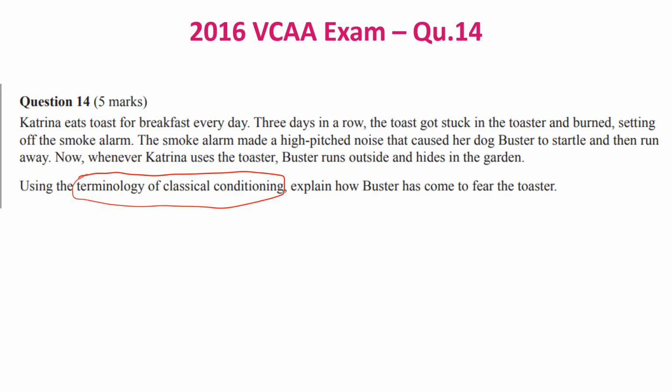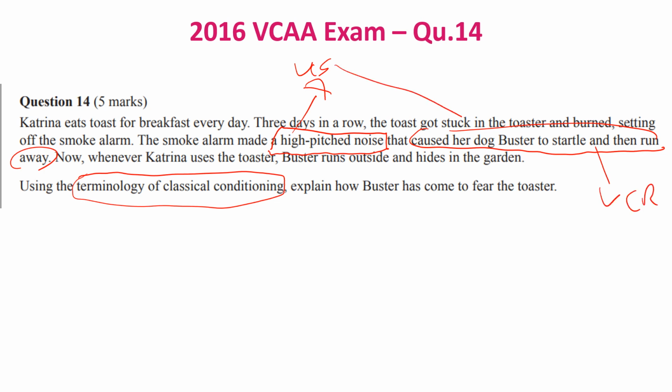So first of all, if we look in the middle of the question, we've got a high-pitched noise. So that's our UCS, because it later says in the same sentence that it causes the dog to be startled and then run away. So that is our UCR. All right, that UCS has reflexively triggered that UCR. That's occurred naturally.